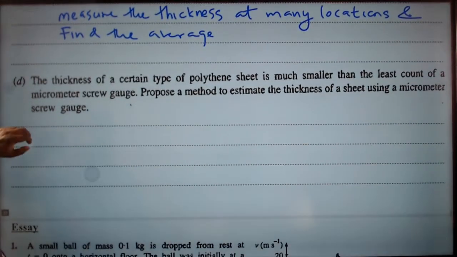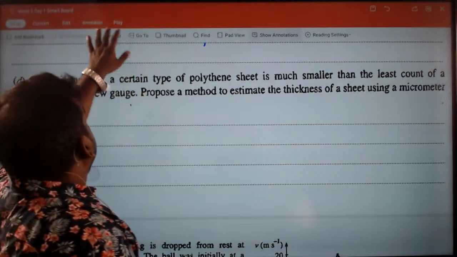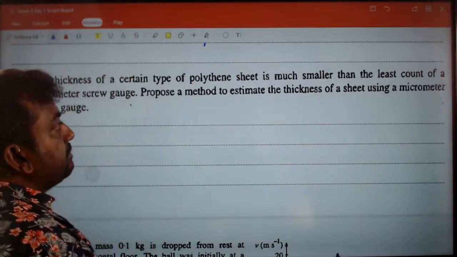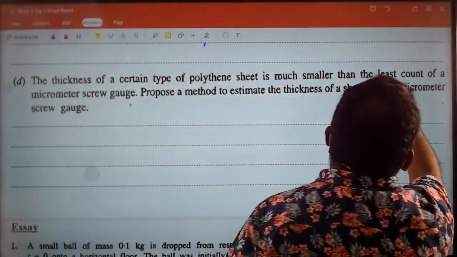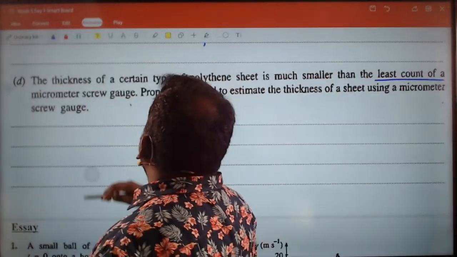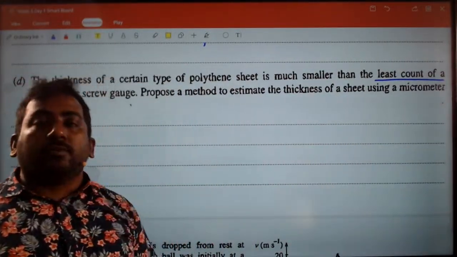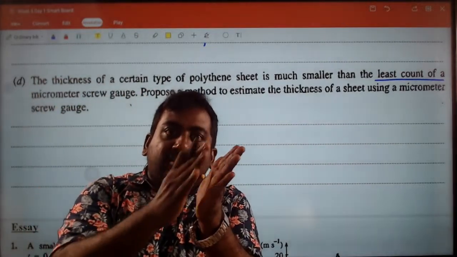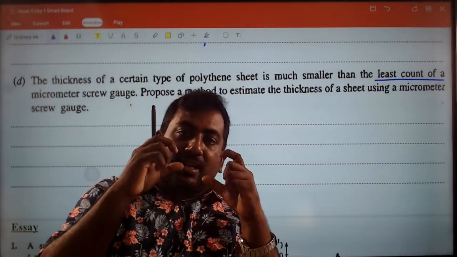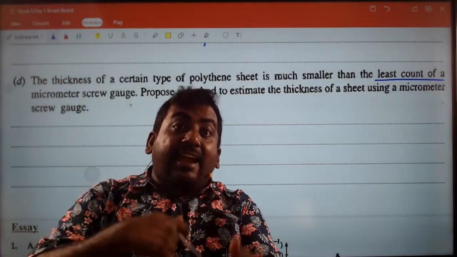The thickness of a certain type of polythene sheet is much smaller than the least count of the micrometer screw gauge. Propose a suitable method to estimate the thickness. Take many sheets of polythene, put them together, measure the total thickness and divide by the number of sheets.